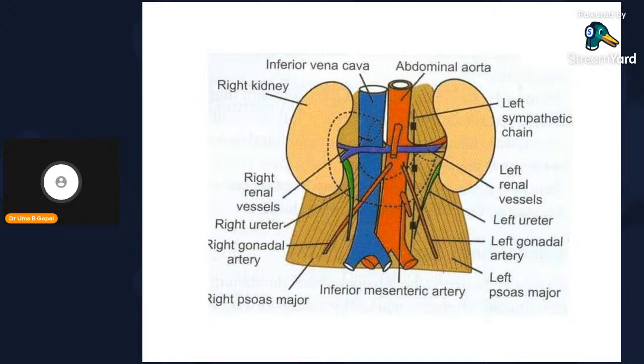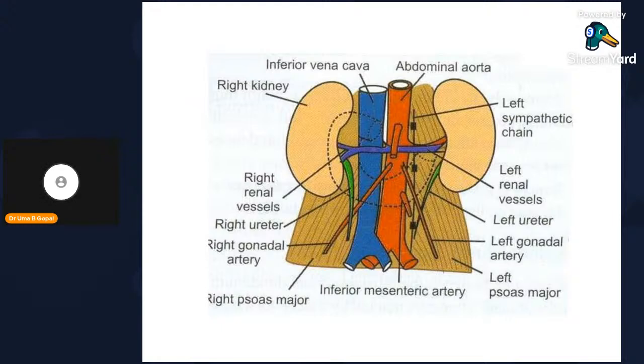So these are the posterior relations of the third part of the duodenum; the first and second parts, and the fourth part of the duodenum, you can also see. See, you can see the blue colored inferior vena cava passing posterior to the third part, the aorta slightly to the left of it, and you can see the gonadal vessels, right and left, passing posteriorly. You can also see the ureter and the psoas major muscle passing posteriorly.